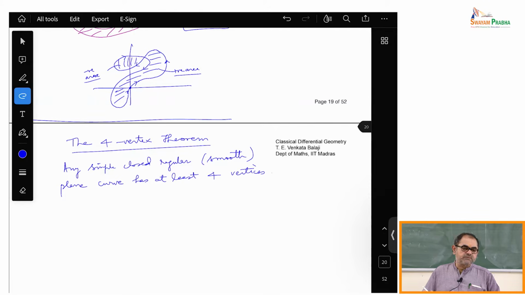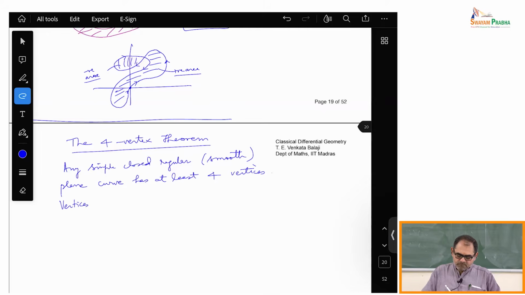Vertices are the points where the curvature has a critical point. Vertices are points on the curve where the signed curvature has a critical point.